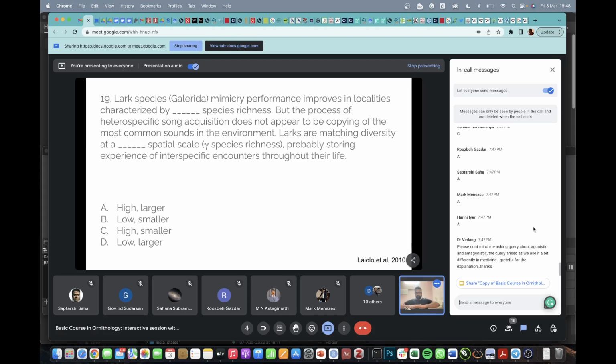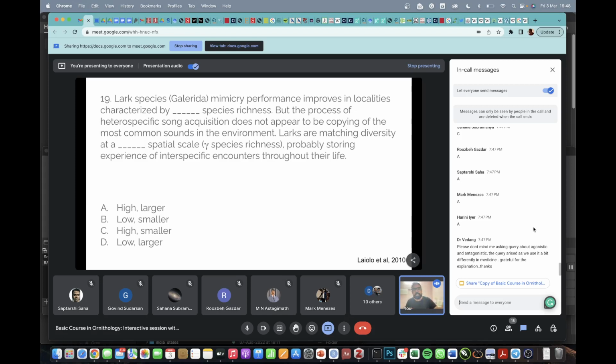So, okay, I'll tell you a little bit about the study. What they did was they looked at a lark species. They had two things: a transect and a site. One site would have several transects.